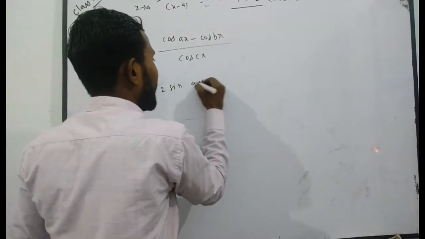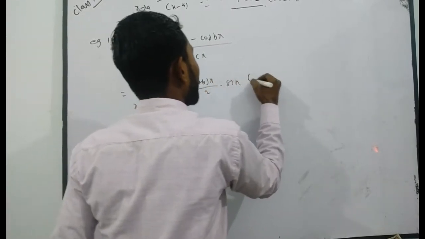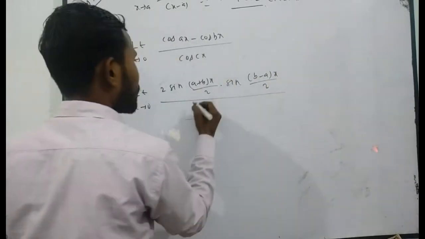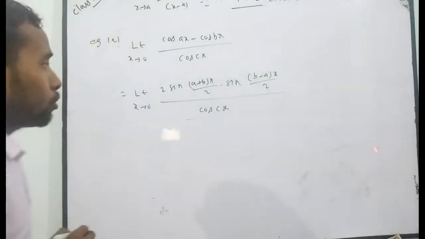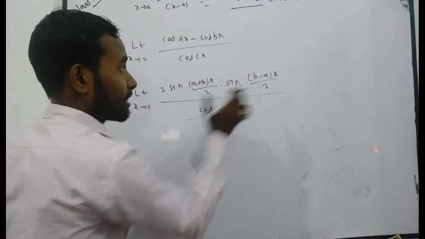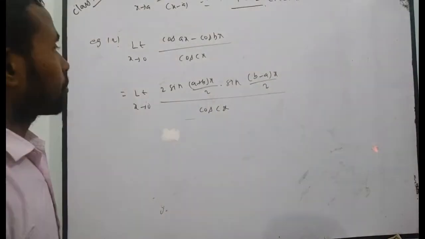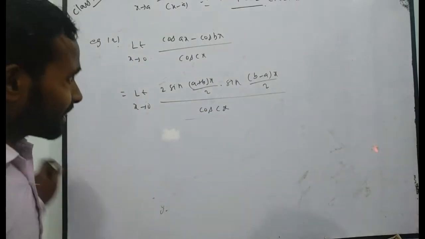That means 2 sin((a plus b)x/2) into sin((b minus a)x/2), divided by cos cx. Don't worry about it. Now you see that this is sin, this is sin, both will be sin.